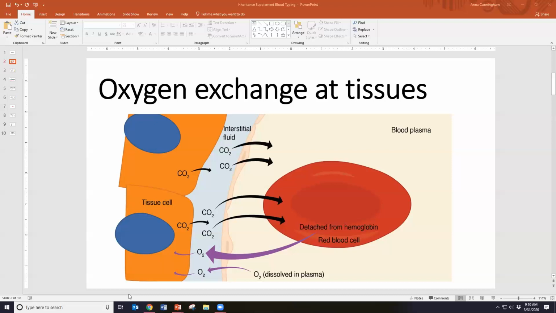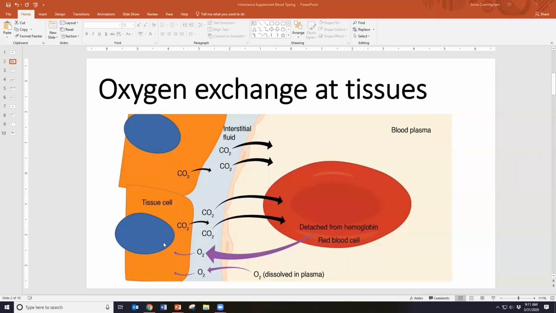Red blood cells, you can see on here, it says hemoglobin. Red blood cells all over have a protein called hemoglobin, and hemoglobin is what holds on to oxygen or carbon dioxide. So when blood goes to tissues, you can see the purple arrow, it donates oxygen to tissues and allows those tissues to use that oxygen to generate energy.